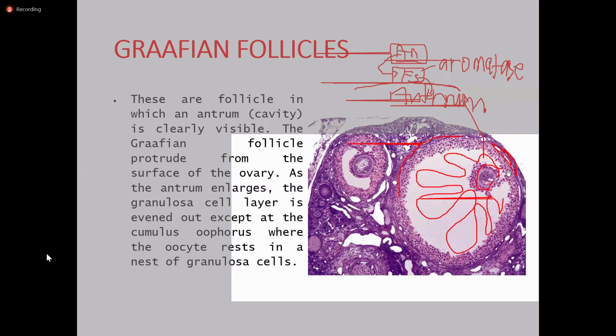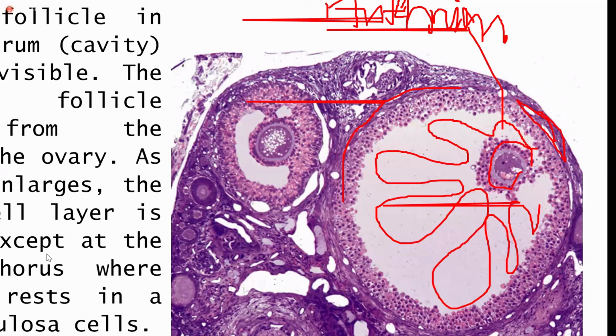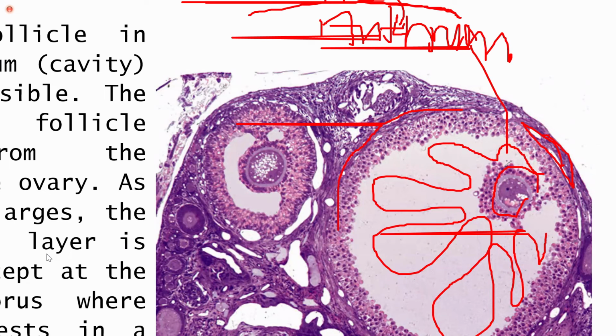Itong nakikita ninyo lagi na nandito ang egg cell, merong zona pellucida, may granulosa cell dyan, at saka merong corona radiata. Pagka nag-ovulate kasi yan, hindi lang si ovum ang nandoon, pero kasama niya pa itong mga nandito. Klaro?